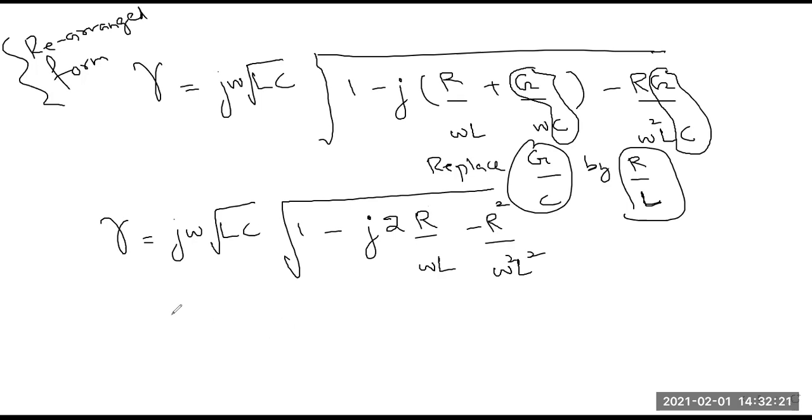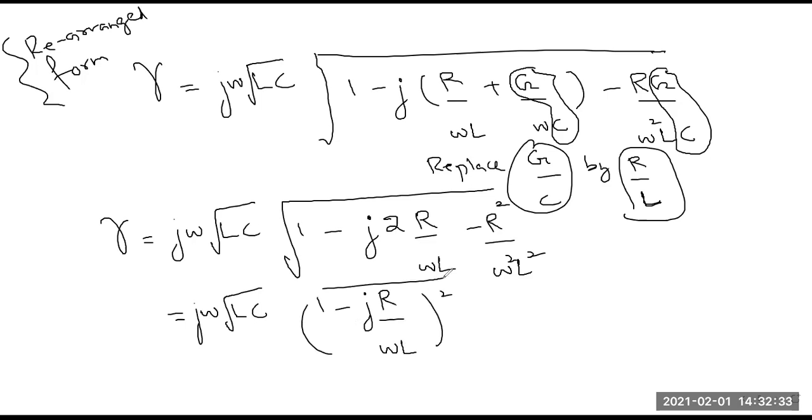Now this under root term is basically j omega LC. It is basically 1 minus j R divided by omega L whole square. So if you expand this 1 minus j R by omega L whole square, you will get these 3 terms.